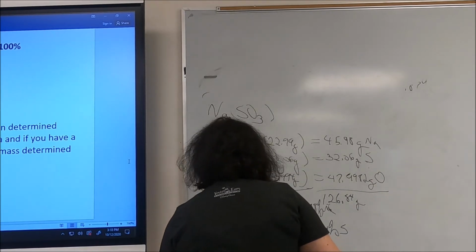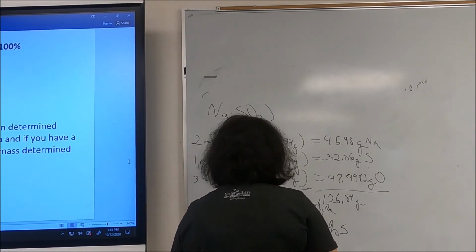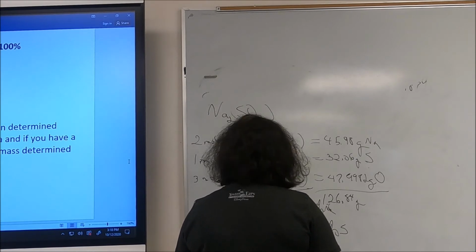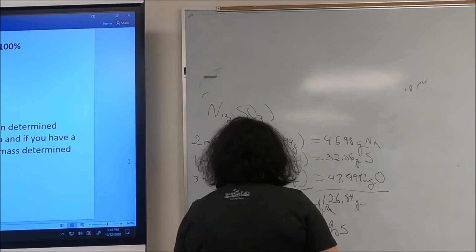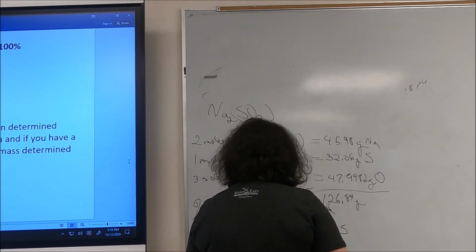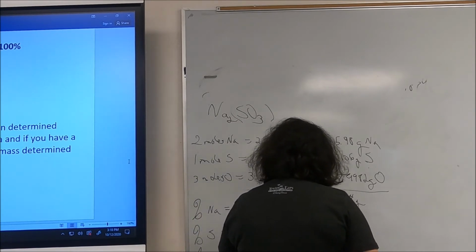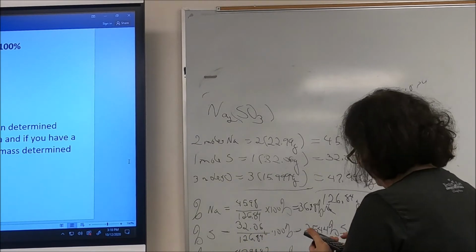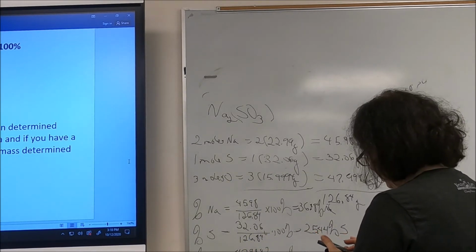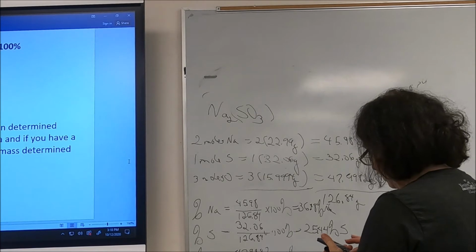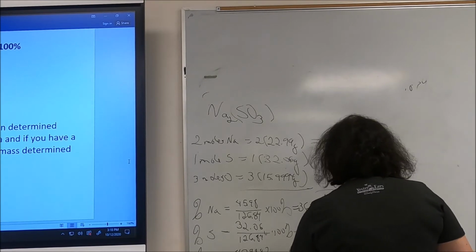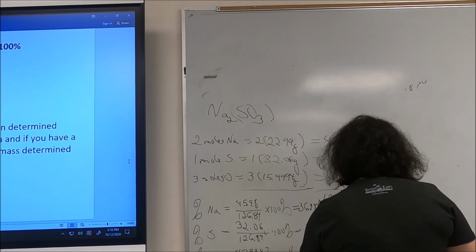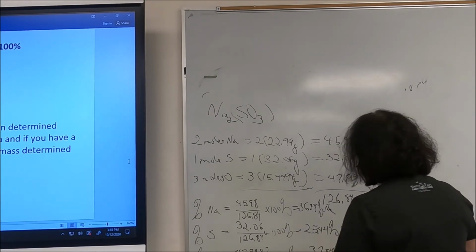And then lastly, our percent oxygen is going to be 47.9982 divided by the 126.84 times 100%. And I get 37.84% oxygen.